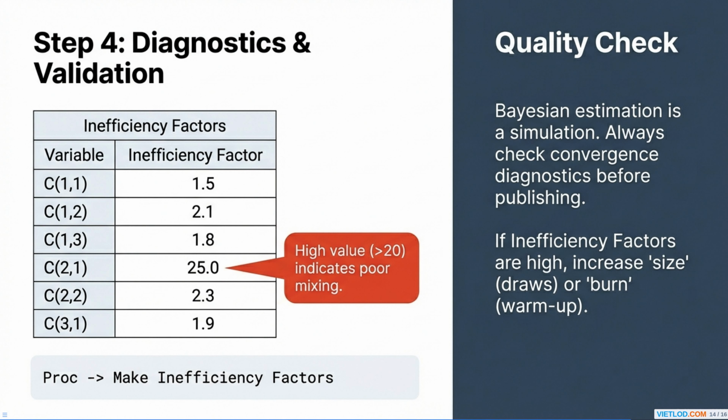Since Bayesian estimation is a simulation, it is crucial to always check convergence diagnostics before publishing your results. A key diagnostic tool is the inefficiency factor. As you can see in the table, a high inefficiency factor, particularly a value greater than 20, like the 25.0 for C21, indicates poor mixing.